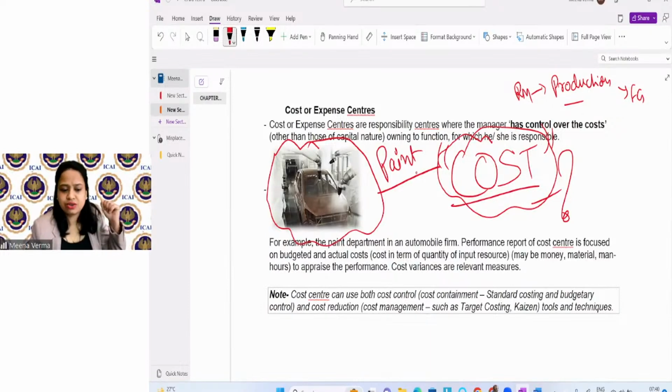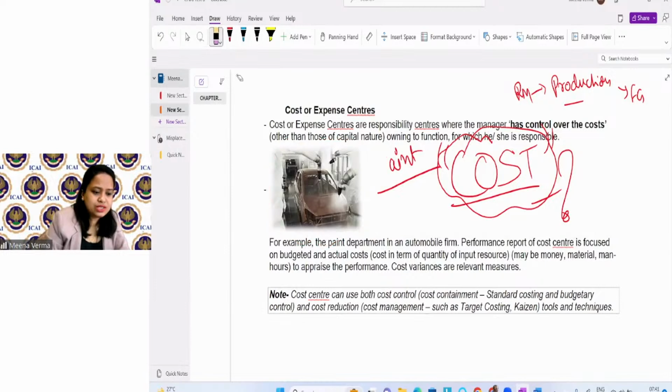So this is a cost center, where the manager is only responsible for incurring cost. Like the production department manager is only responsible for the cost. So anywhere in the organization where they're only responsible for the cost is a cost center or expense center.